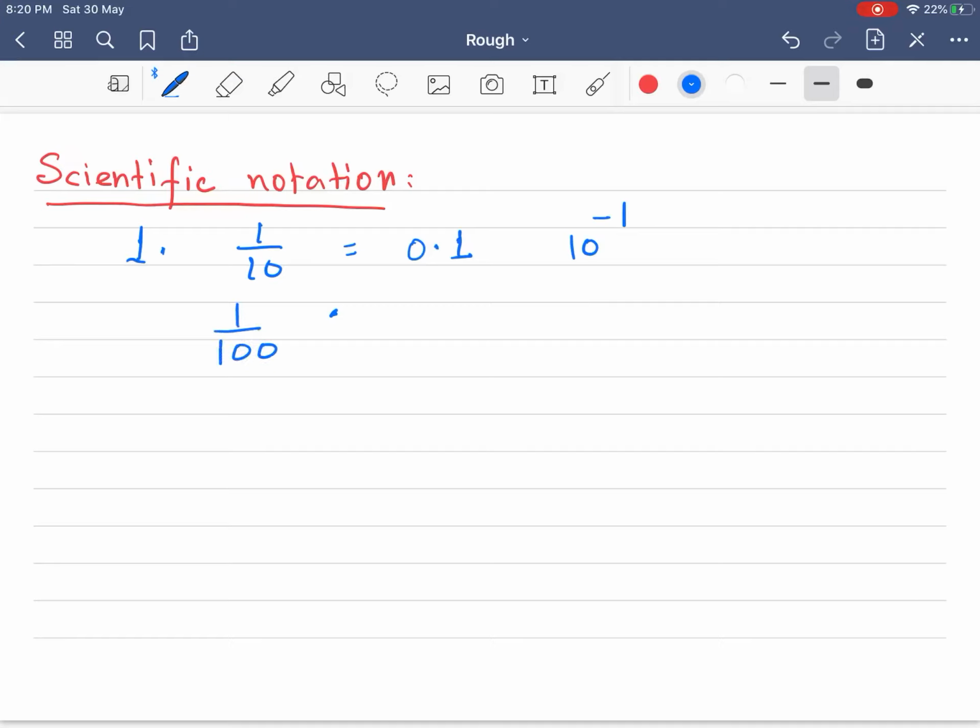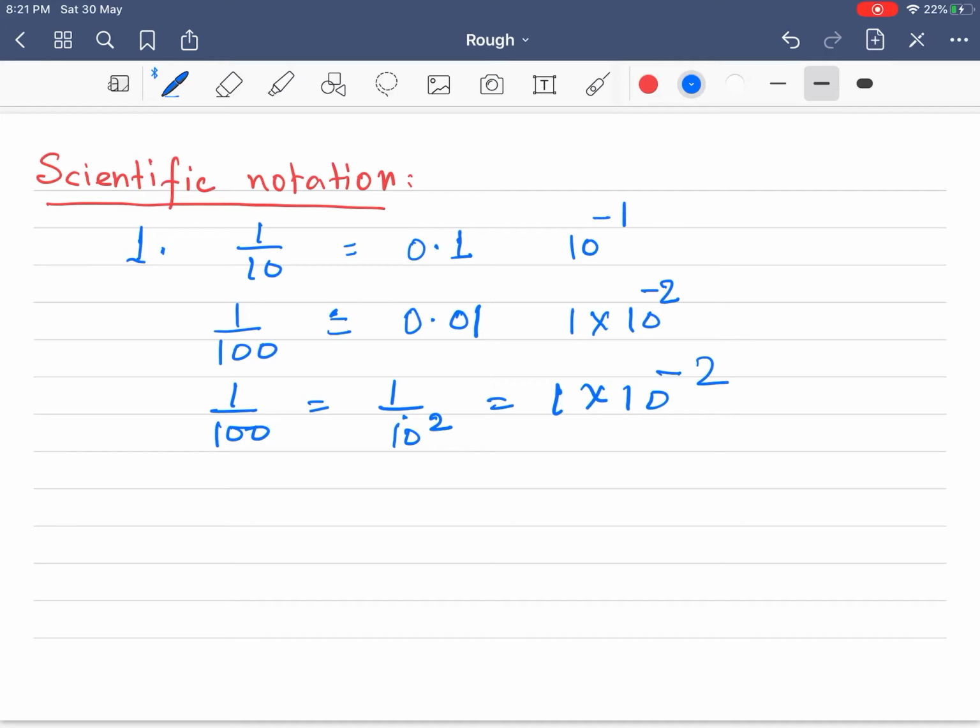Suppose I am writing 1 divided by 100, then we can write 0.01, and in scientific notation we can write 1 times 10 to the power minus 2, or 10 to the power minus 2.